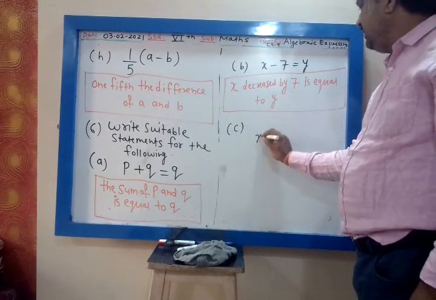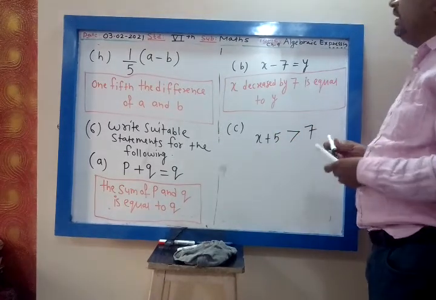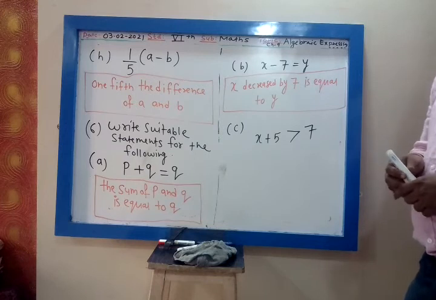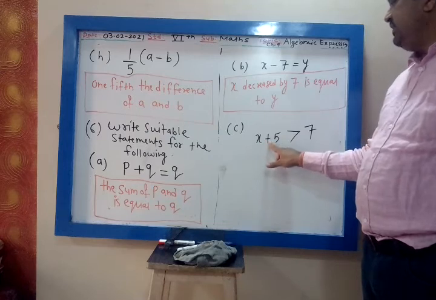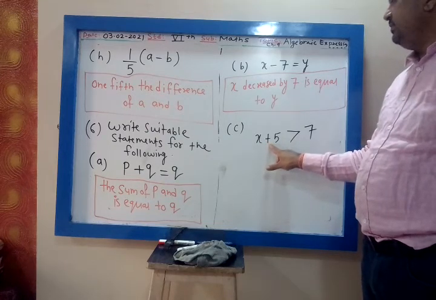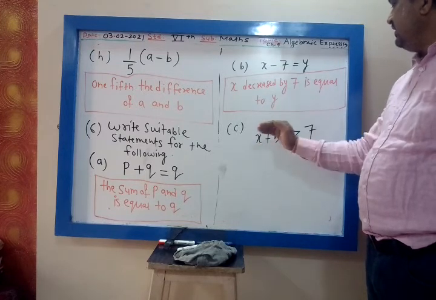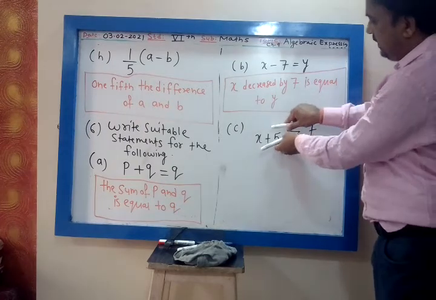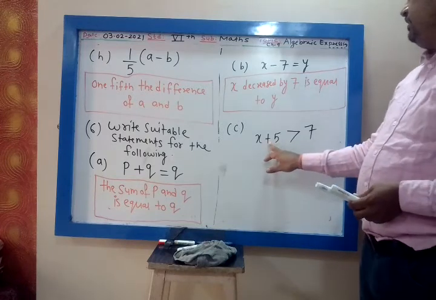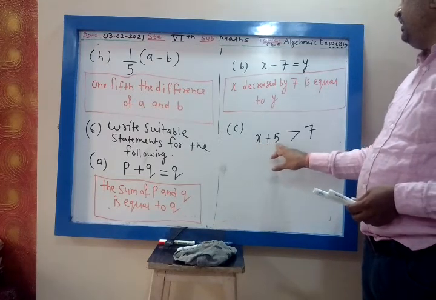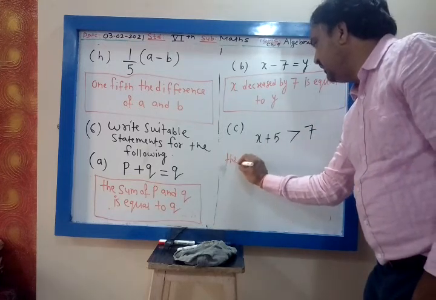x plus 5 greater than 7. What do you mean by x plus 5? Plus means sum. The sum of x and 5 is greater than 7, because the inequality is towards x plus 5. Why have I written sum? Sum means plus. x plus 5 means the sum of x and 5.